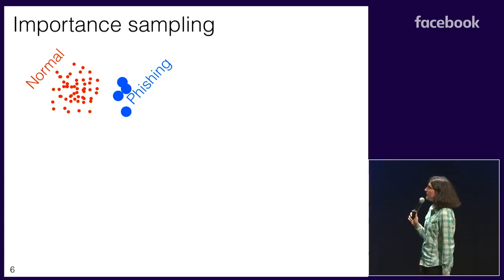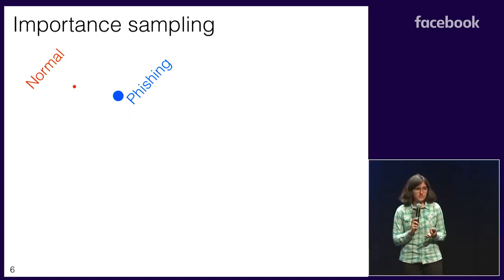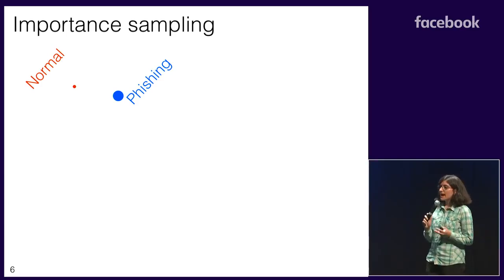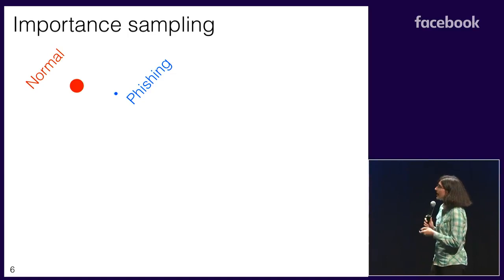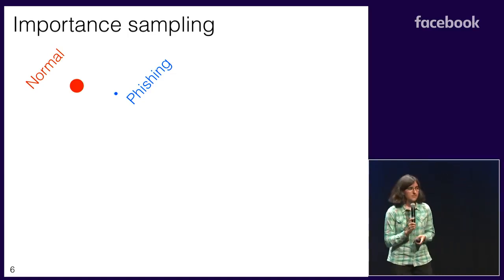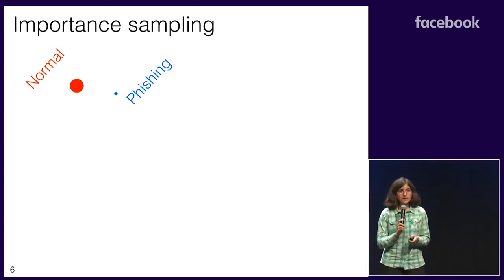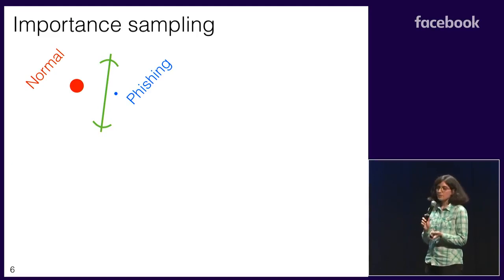And now our hope would be that when we subsample, we tend to get a phishing data point because they have such high weights, and we tend to get a benign website because there were so many to begin with. And now we invert these weights to get the core set weights, and finally we run our approximate Bayesian inference algorithm on it, and we hope that this looks pretty good. So this is the goal.